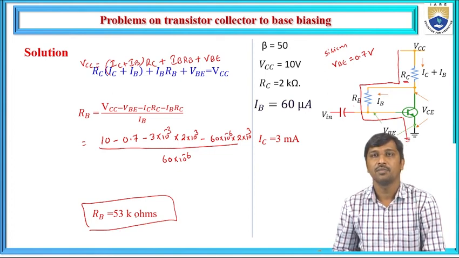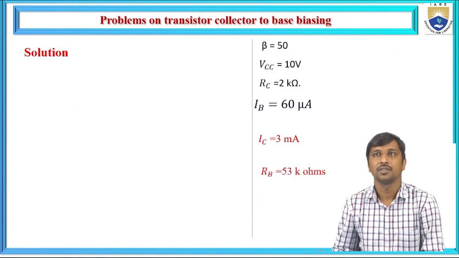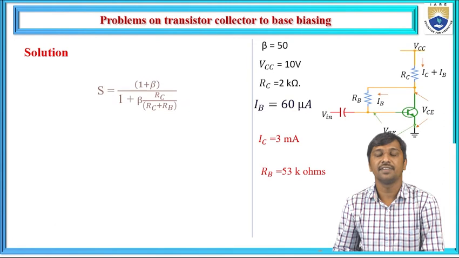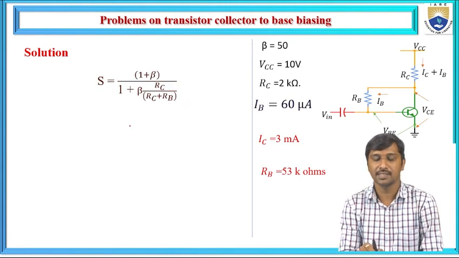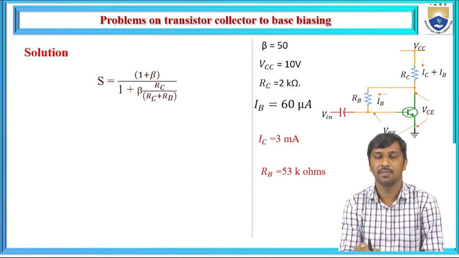Now in the problem, they are asking to observe the stability factor. So we need to calculate the stability factor in the collector to base bias. The stability factor is defined as 1 plus beta divided by 1 plus beta times RC by RC plus RB.